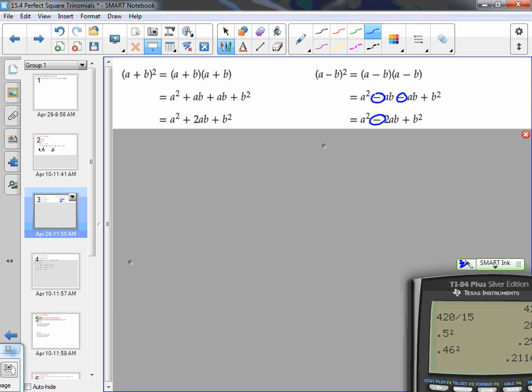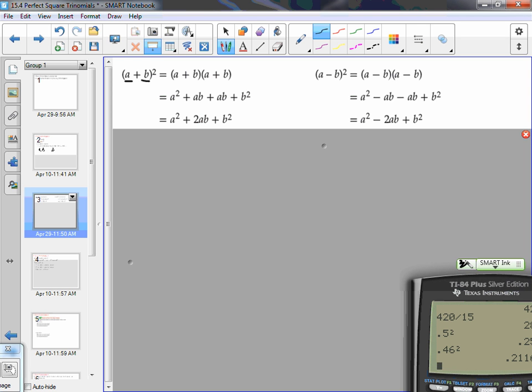Now, a and b, don't think of those as variables. Think of those as terms. You've got a first term plus a second term, and then you square that binomial.